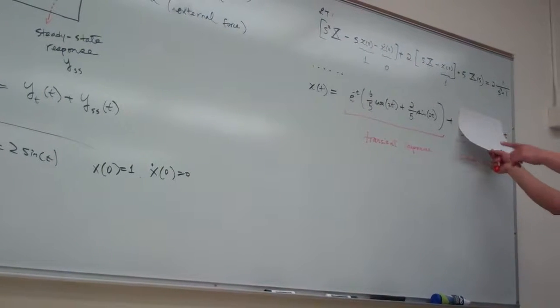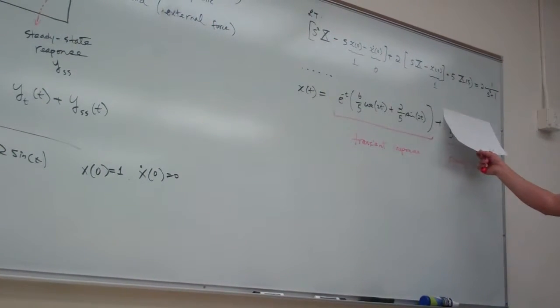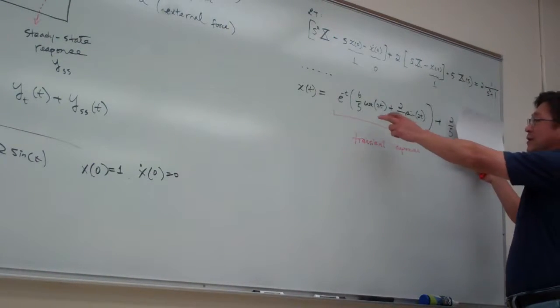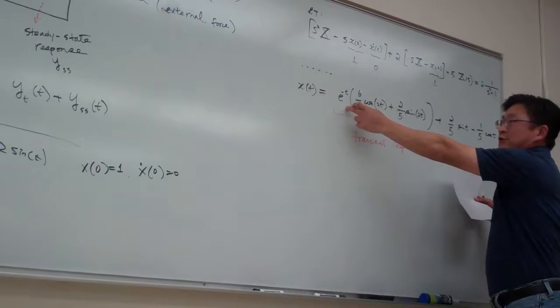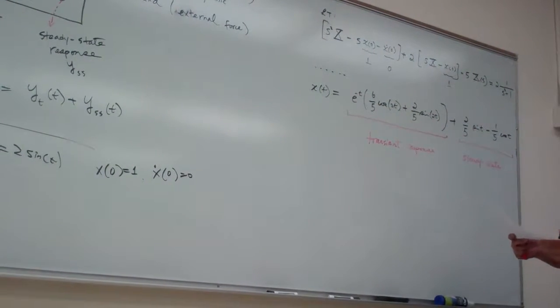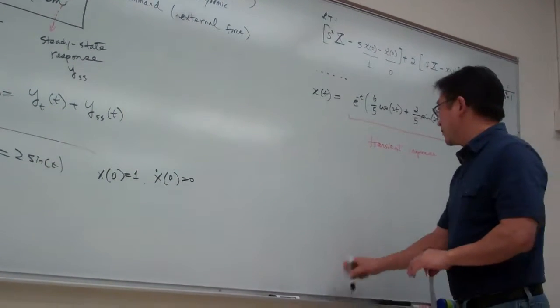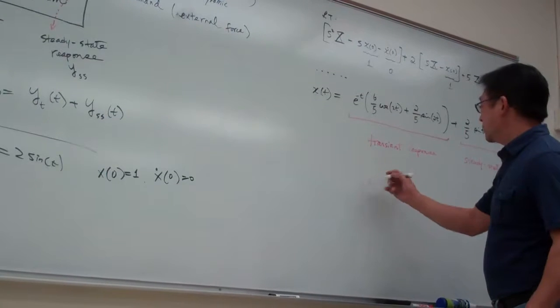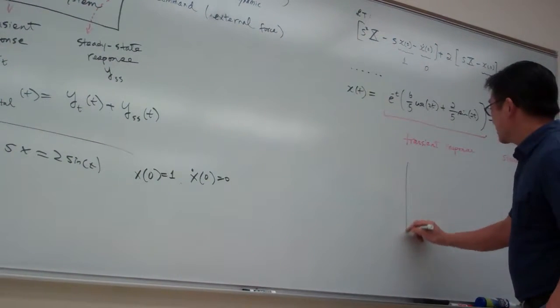You can see the transient response should look very, very familiar, right? For this example, there are oscillations whose amplitude is under the envelope of an exponential decay.